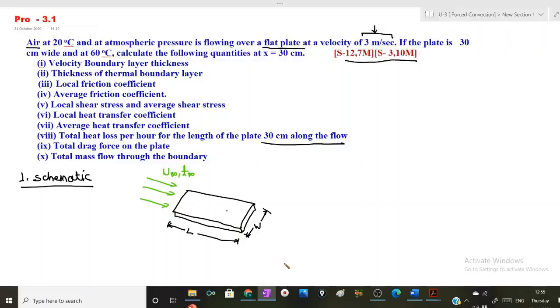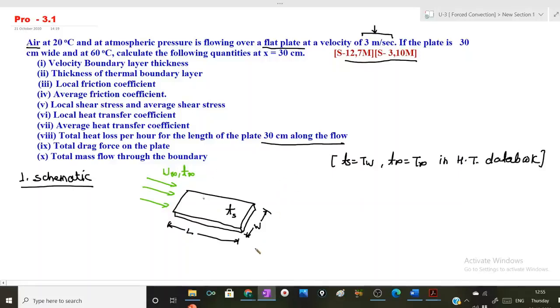Let's say the surface temperature of this plate is Ts. So in data book, this Ts is taken as Tw and T infinity is taken as T infinity. These are the notations, so do not get confused. Okay.